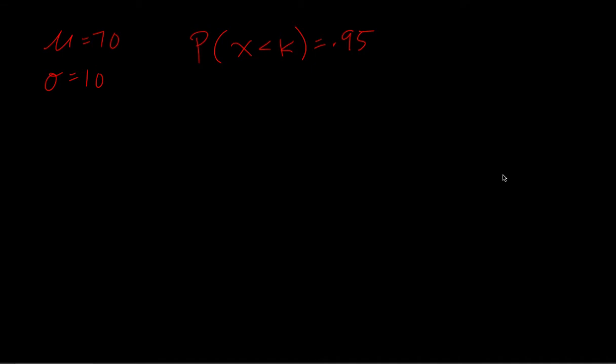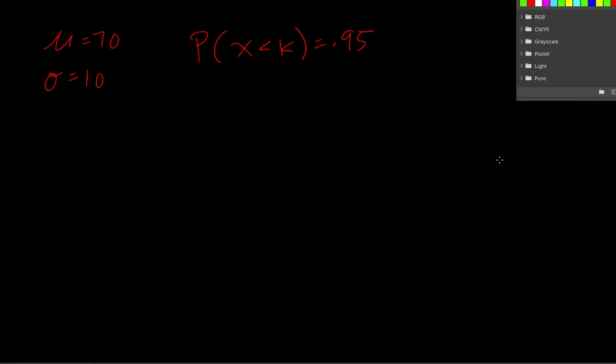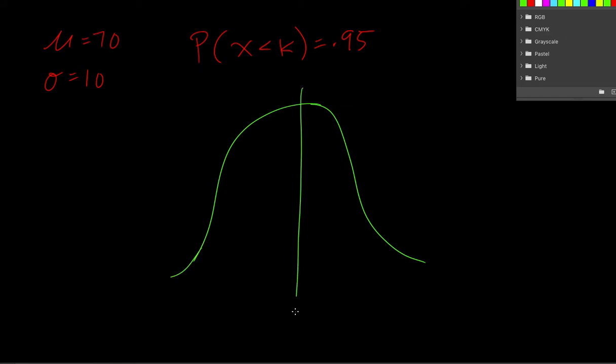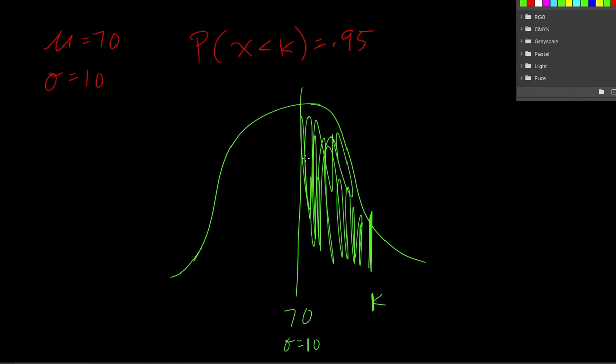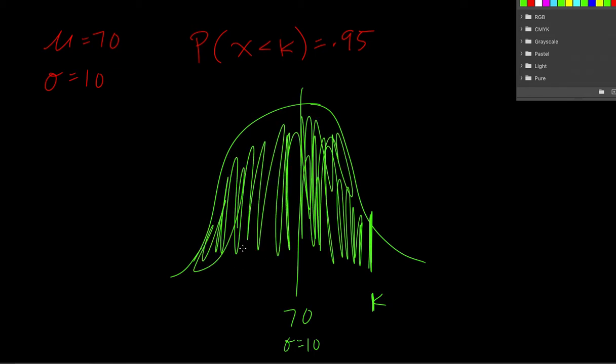Hey math kids, today we're going to talk about quantiles, and really all that is, is we're going to be talking about everything we did on the previous video but in reverse. So in this particular problem, we have a normal curve, the mean is centered at 70, and we have a standard deviation of 10, and we want to find some x value that they're calling k that creates 95% of the area to the left of that value.